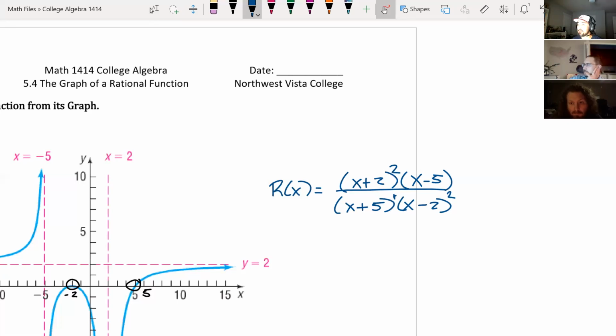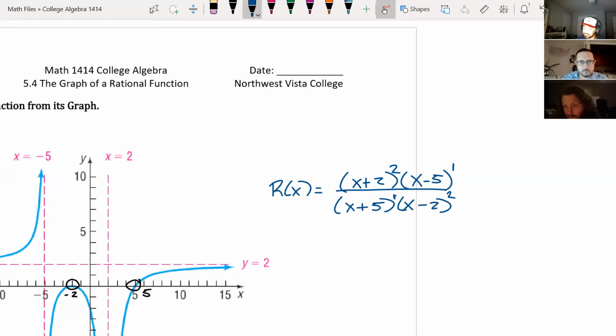And look at 5. Do we cross or touch? Cross. Which means it has a multiplicity of 1, an odd multiplicity. Good. So we've covered the vertical asymptotes and we've covered the x-intercepts.